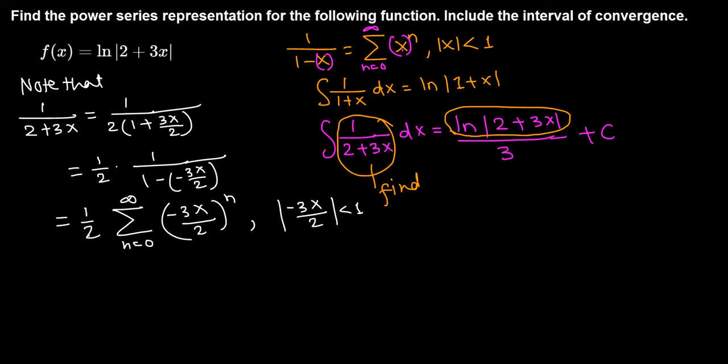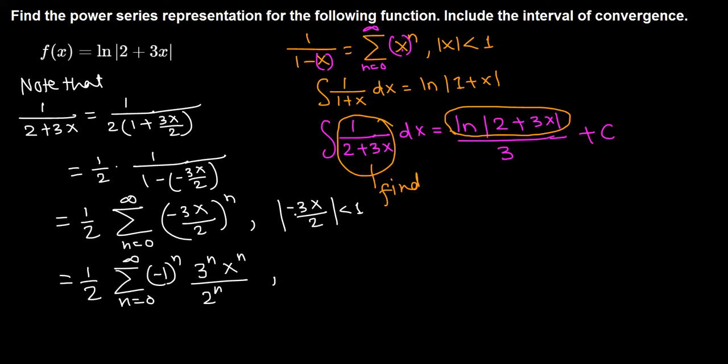And we can take this 2 inside. Let's simplify this. 1/2 is still outside, n from 0 through infinity, there is a negative, so we can always take negative 1 to the n to the front, and this produces the negative sign, and we have 3 over 2 to the n, which is 3 to the n over 2 to the n, and x to the n.